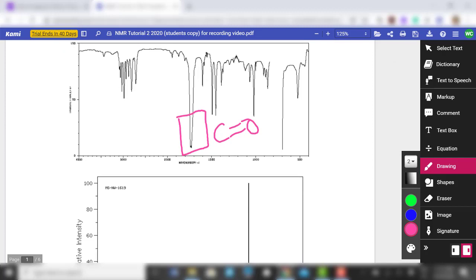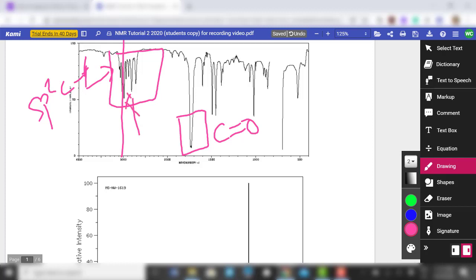In this case, we know there's a C=O double bond, and then there's a couple of interesting signals here. If you cut at 3000, slightly above, you would expect the sp2 C-H stretch, not a very strong signal, it just shows a little bit, depending on how you run the spectrum.